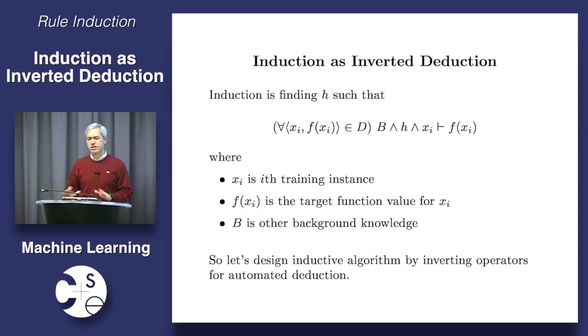Okay. So right now this is just this very vague idea, right? Let's formulate induction as inverted deduction and take it that way. Let's make it just slightly more concrete, right? So the classical example of deduction, right, is: Socrates is a man, right? All men are mortal. Therefore, Socrates is mortal.